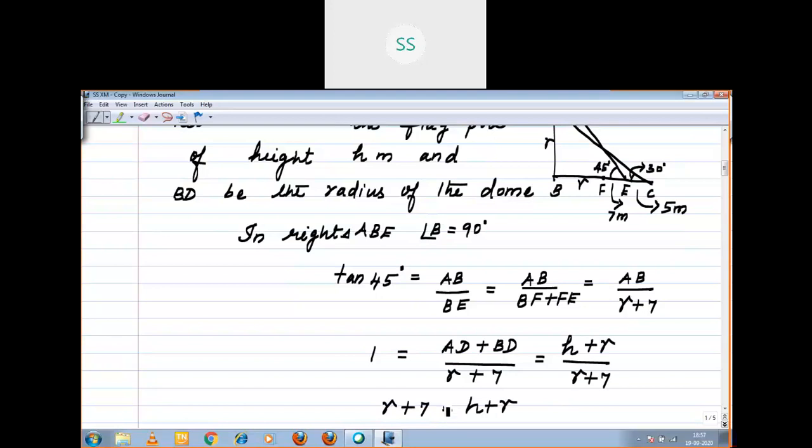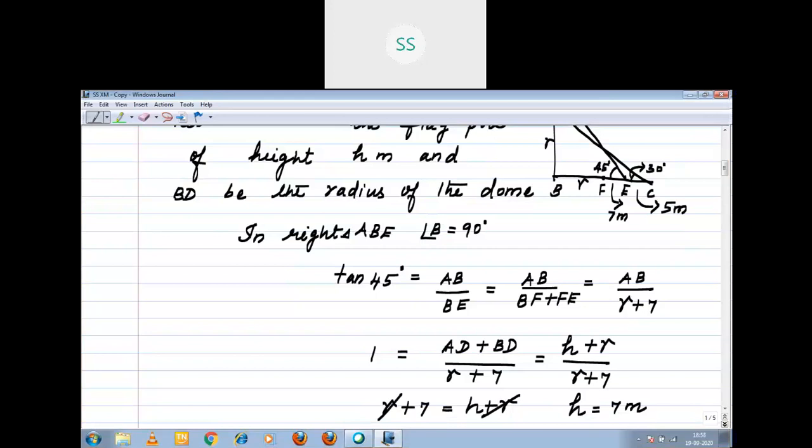In between the equal sign, the coefficient as well as the sign are same. Coefficient of R is 1 positive, here also coefficient of R is 1 positive, so you can cancel directly. Then H is equal to 7 meter. What is H? Height of the flagpole. That only they are asking to find. Right children?